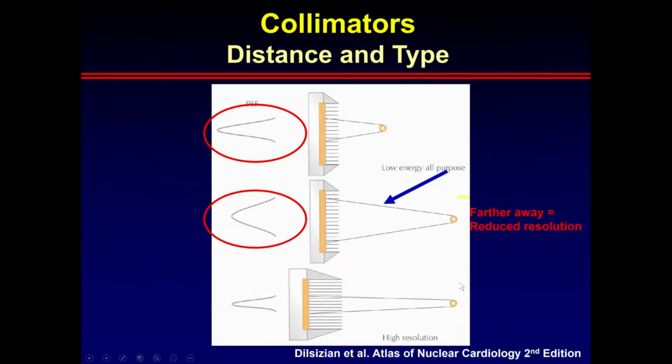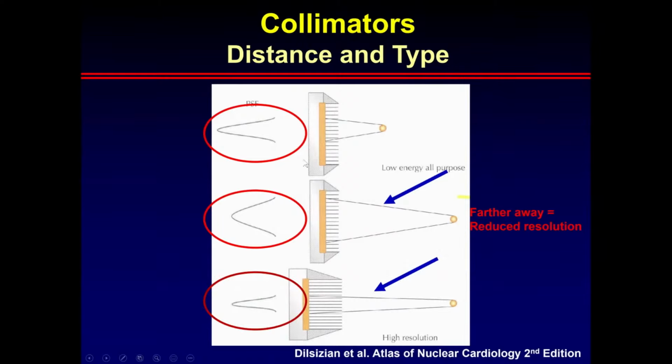But let's look at the same point, but now we're going to use a high resolution collimator. Look at the holes are smaller, and the length of the septa are longer, okay? So fewer photons get in, but they're the right type of photons. And now look what happens to your point spread function. Look how much narrower the full width half maximum is here compared to here or here.